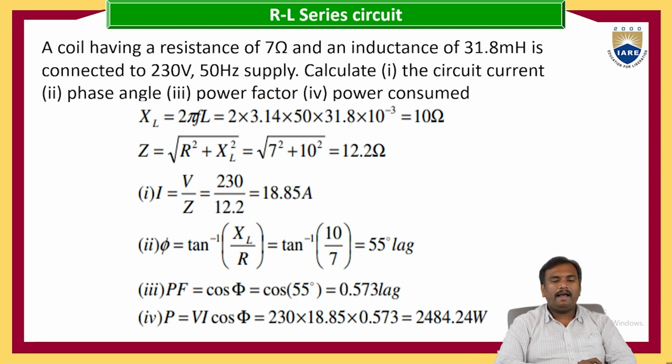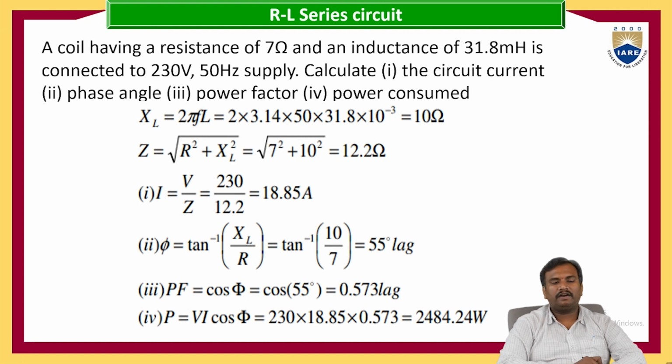A coil having a resistance of 7 ohms and an inductance of 31.8 millihenry is connected to a 230 volts, 50 hertz supply, and we need to calculate the circuit current, phase angle, power factor and power consumed. So in order to get all these values, first let us calculate the impedance.